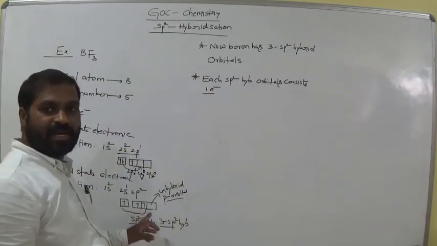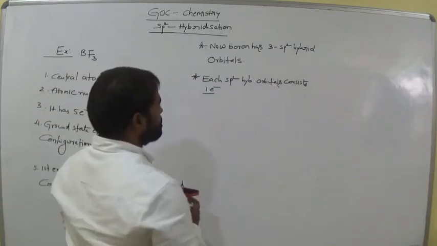So 3 sp2 hybrid orbitals consist of 3 electrons.